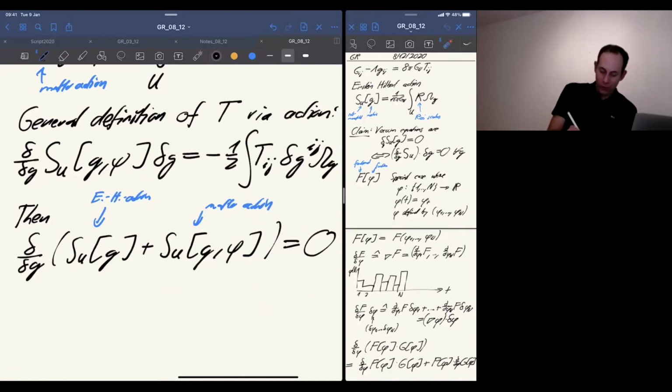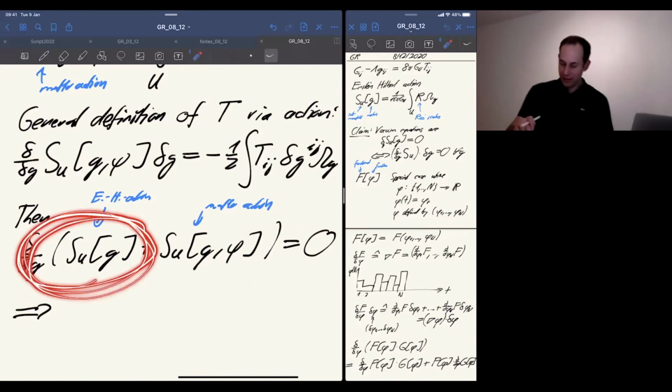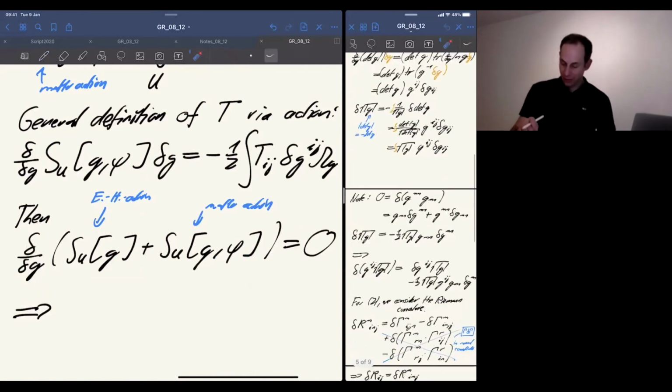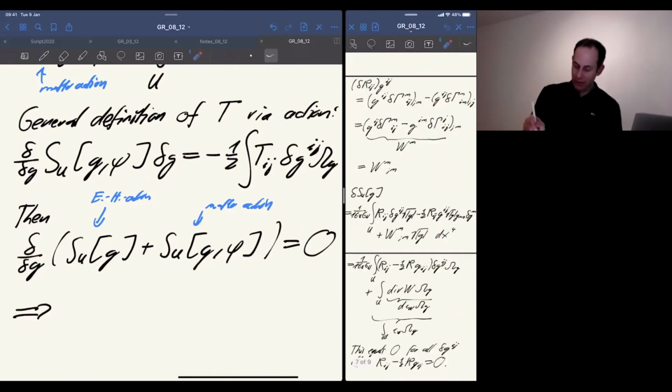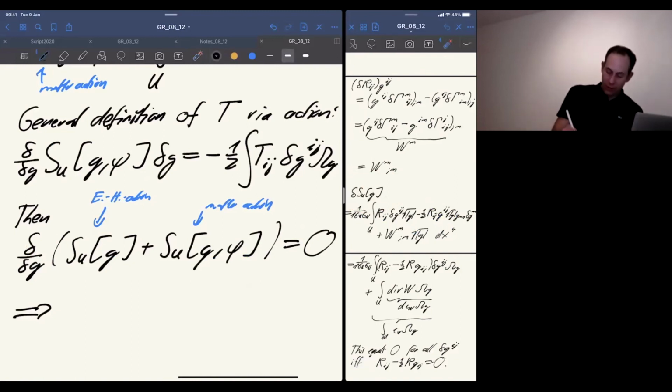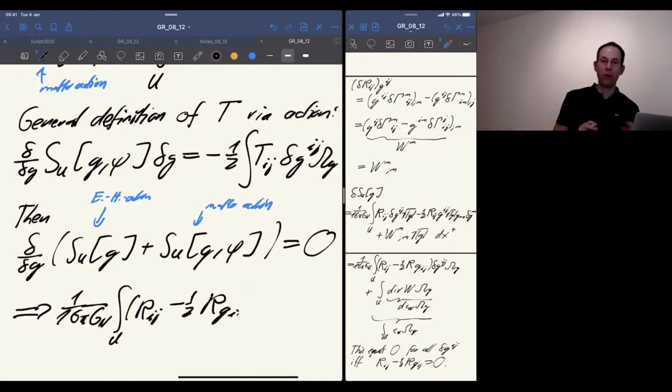It's almost true by definition, because remember that if we vary this first thing, we get what we calculated previously. That was exactly the calculation we have essentially done here. Remember, we calculated the variation, and what we got is 1 over 16 pi G_N, and then the integral over U of R_ij minus 1/2 R g_ij, and I'll now just drop the boundary terms.